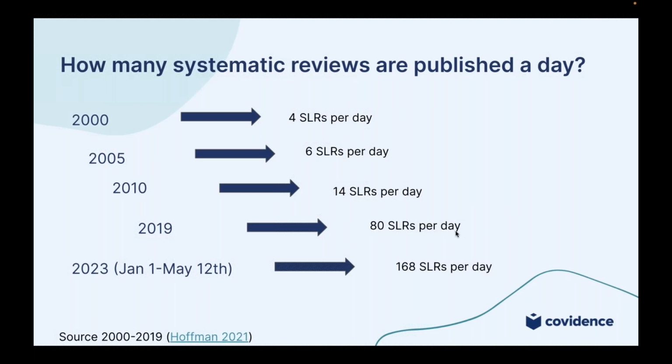The research that we've been doing recently suggests that now in 2023, there are around 168 systematic reviews being published a day. So these are only publications that are reporting systematic reviews and doesn't include those other methodologies that we saw on a previous slide.